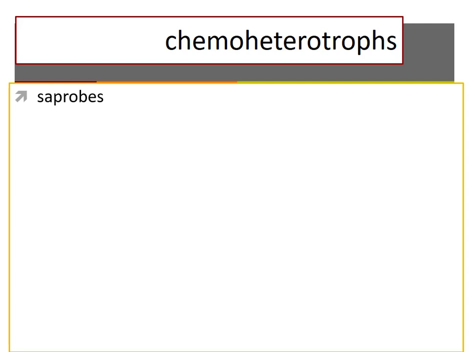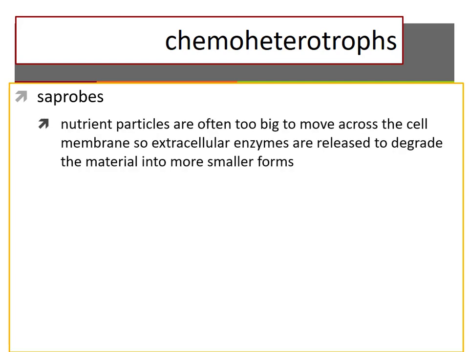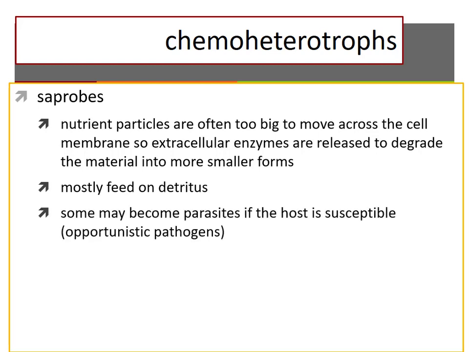Saprobes, I already talked about them a little bit when we were talking about fungi. Fungi are saprobes. These guys often are important because they can't just bring that organic molecule into the cell. If it's too big, they have to excrete extracellular enzymes in order to do that. They're the ones that feed on dead organic things. That's what makes them saprobes. Sometimes they can cross over and become parasitic if a host is susceptible, so that might make them opportunistic pathogens.